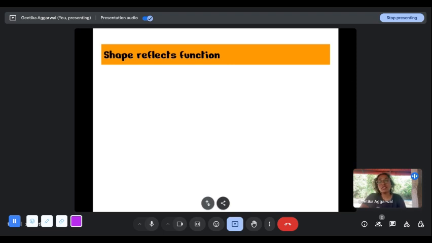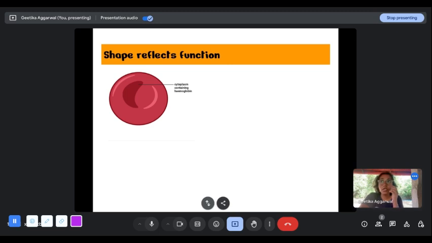Now, the shape of a cell can give you an idea about what function it plays or what its role is. For example, here's an RBC, a red blood cell, which is mostly flat and does not possess a nucleus. That helps it in its function of transporting oxygen throughout the body.